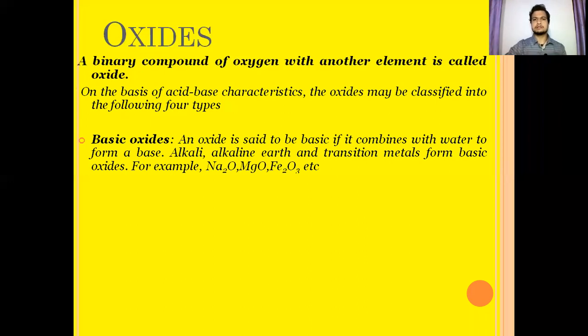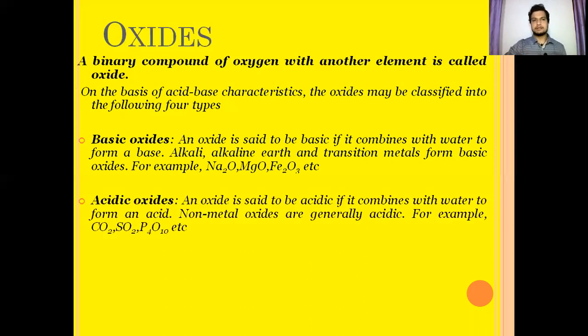So these elements are nothing but metals, and they always form basic oxide. Even if you take all these oxides and dissolve in water, like sodium oxide, it will give me sodium hydroxide. Magnesium oxide, if I dissolve in water, it will give you magnesium hydroxide. Ferric oxide, if I dissolve in water, it will give me ferric hydroxide. So that is how we can prove it also.